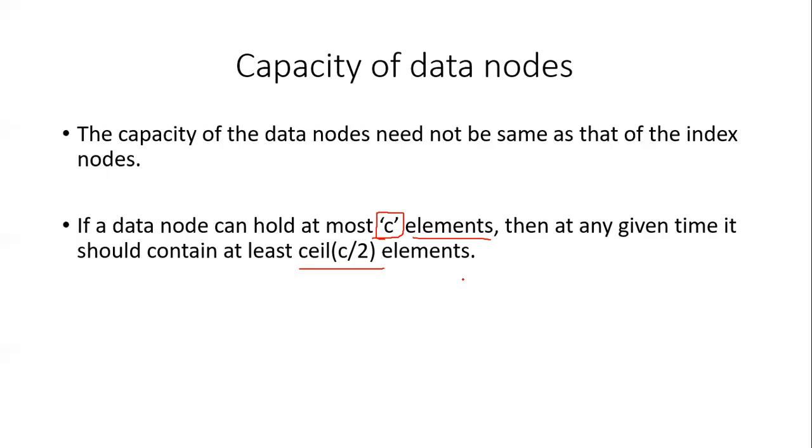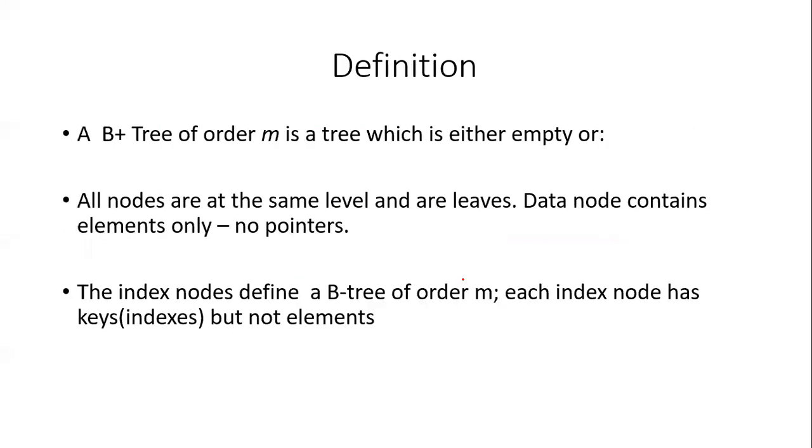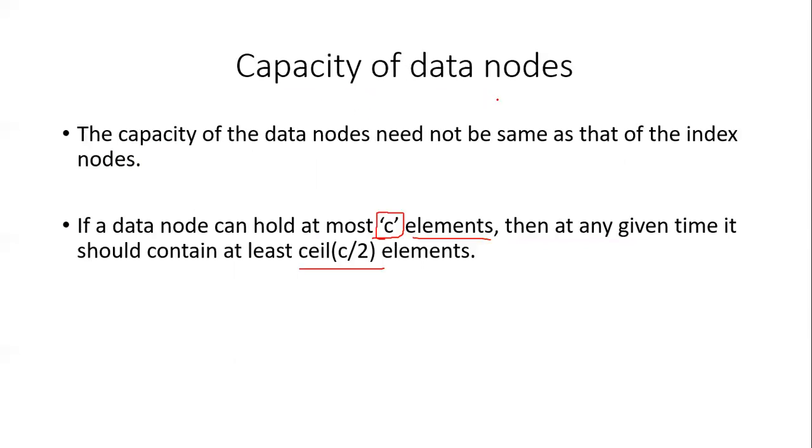But what is the capacity of a data node? There is no specific rule for the capacity of the data node. It is not defined in the definition. The capacity of the data node need not be the same as that of the index node.